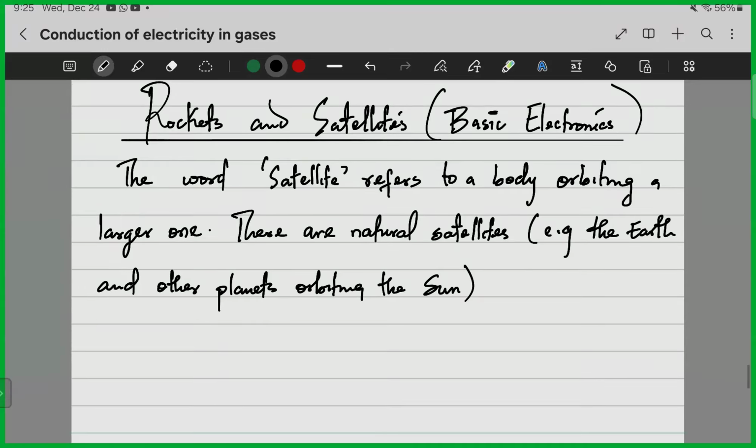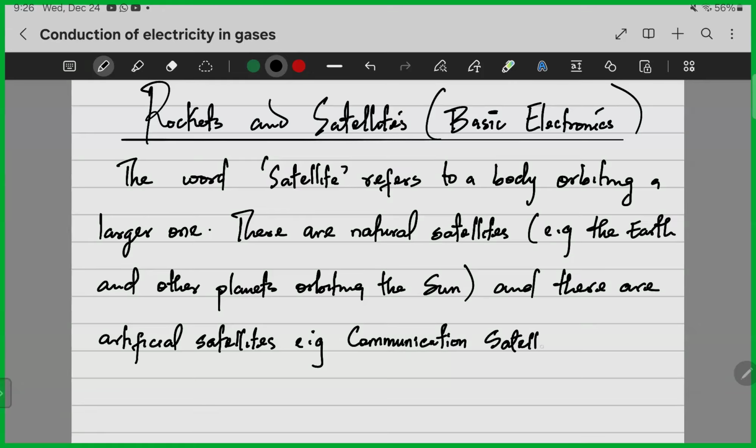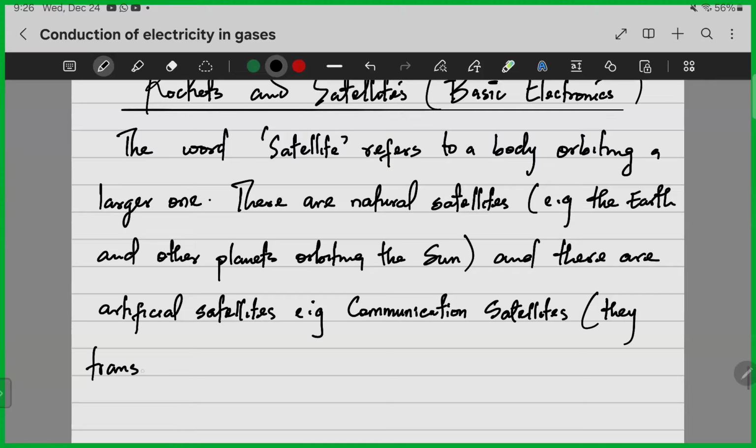And there are artificial satellites, like communication satellites, for instance that of MTN or Glo and all of that. These ones transmit telecommunication signals.